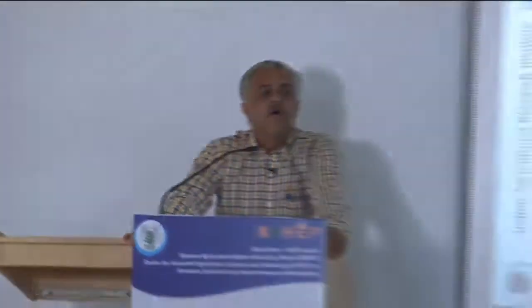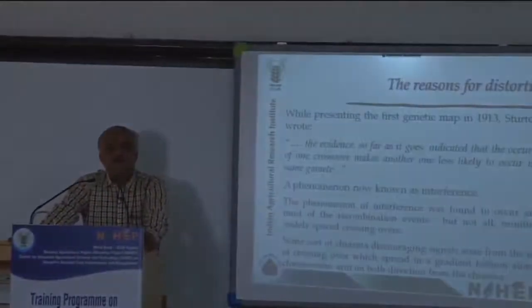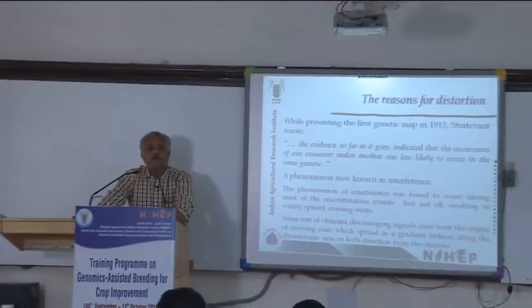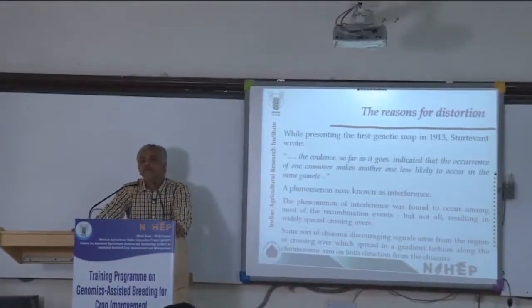Because if the loci are in exact positions, they will give you the minimum total length. This is called the criteria of optimality. I'll come to that later. So when you identify the orders, you apply the criteria of optimality.